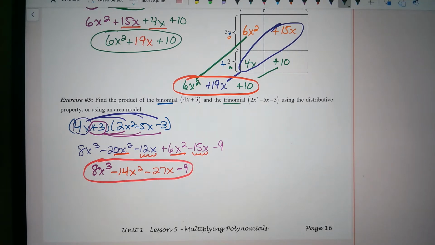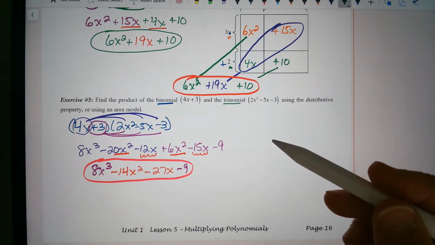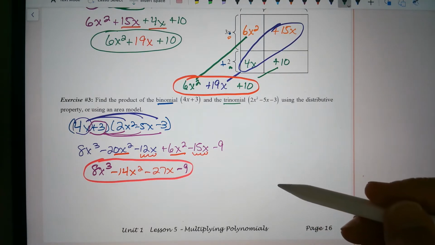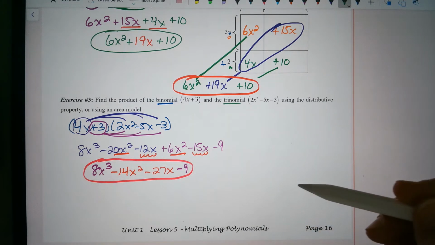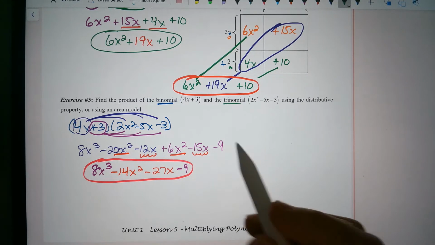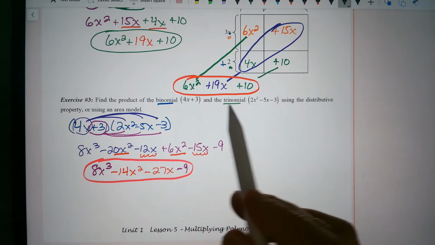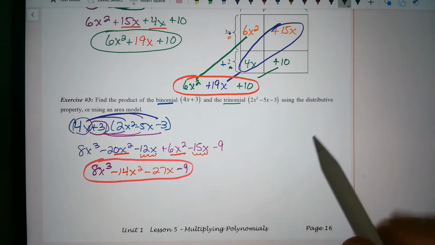And then I'll also show you using the area model. Whatever model you choose, just check your answer, and then you can go through the video to the next problem. Okay, so using the area model, excuse me. All right, so this is 2 by 3.